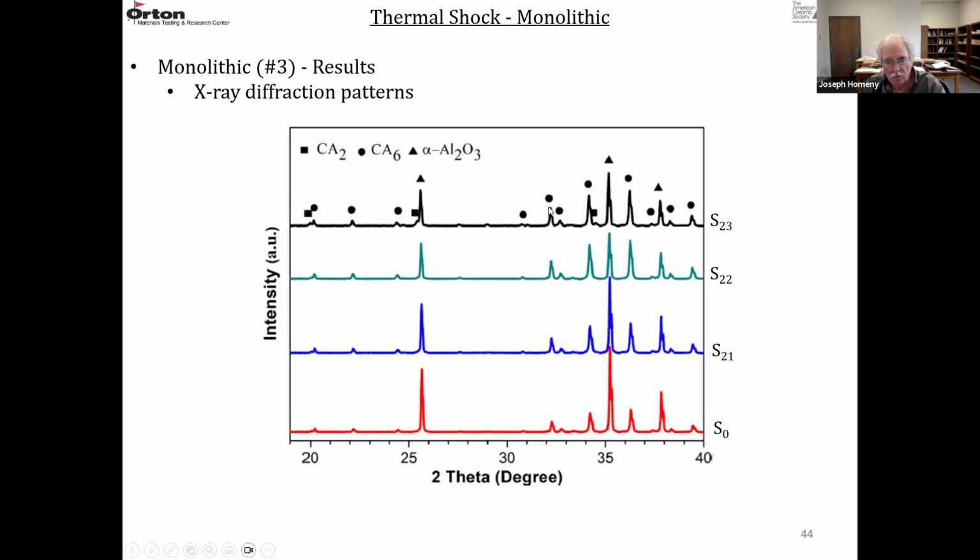So if you look at this peak, it's small, it gets larger, and it gets larger. So the amount of CA6 is increasing as we go from the unground to the finer cement materials. And also some CA2 starts to appear.